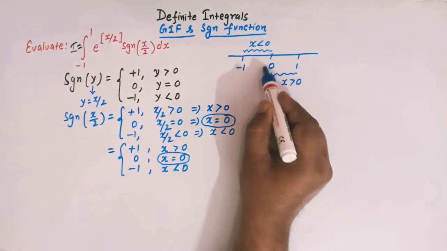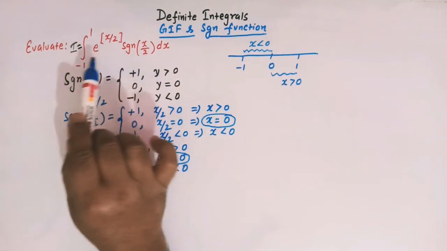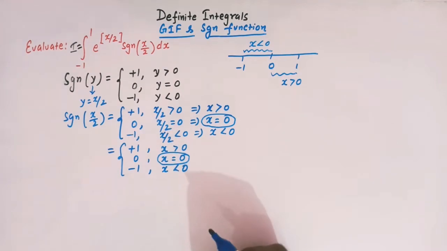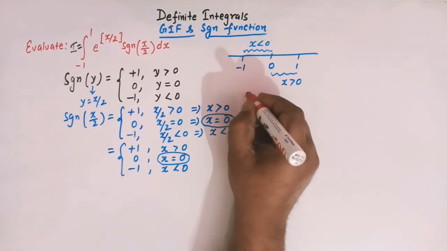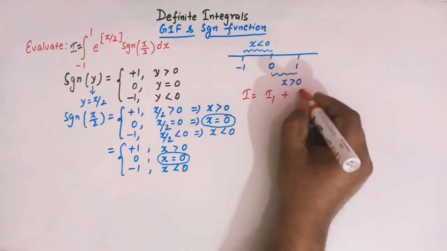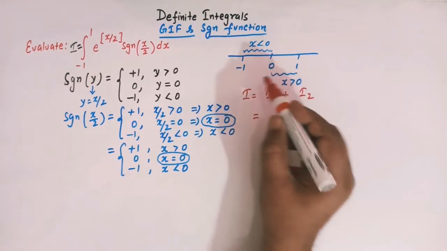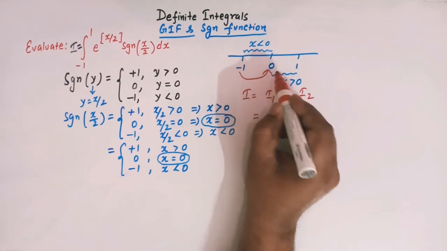So this is the point where we'll break this integral as a sum of two integrals. So now we can write this integral I as I1 plus I2, right? So I1 will go from minus 1 to 0, right?